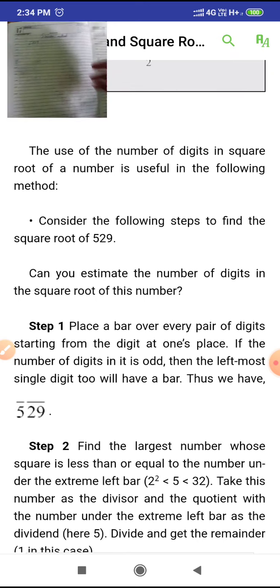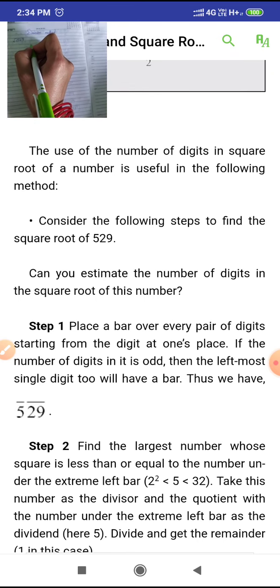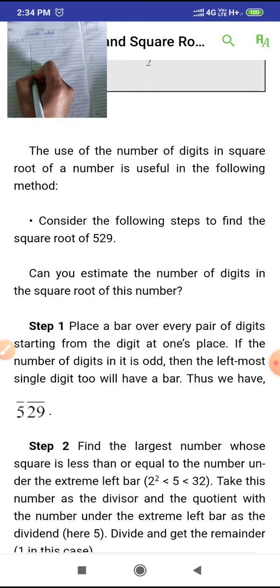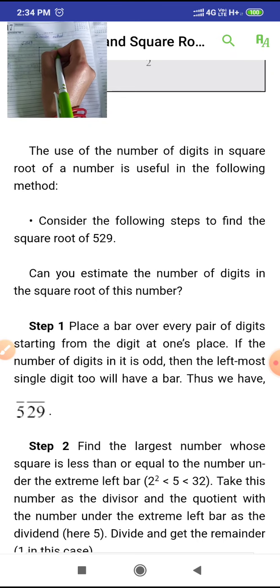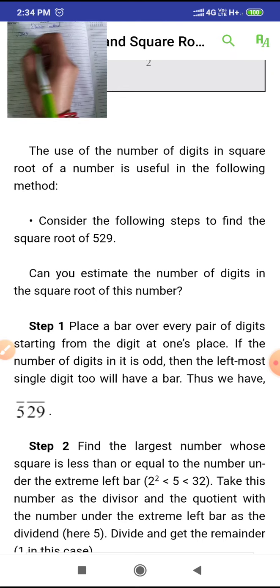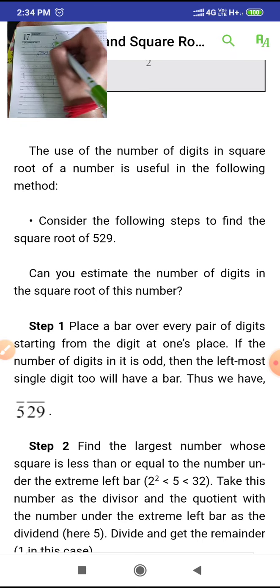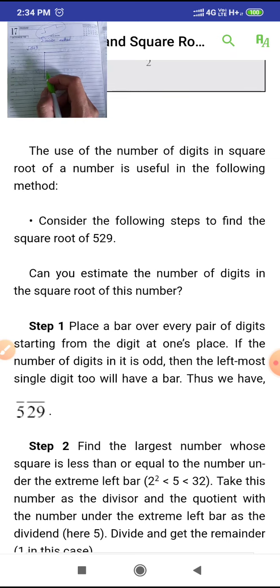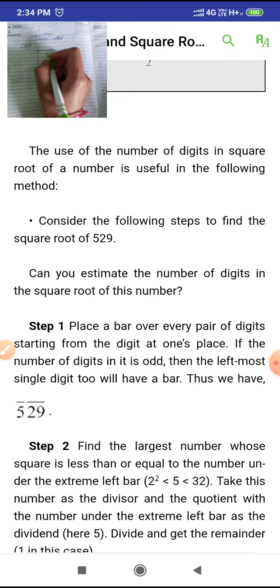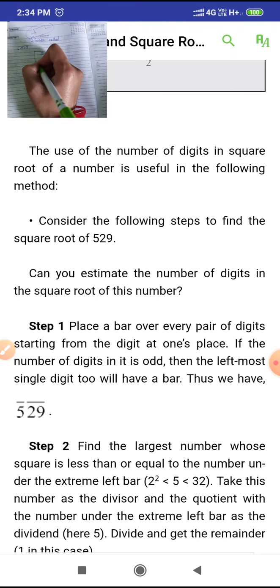For this, first we make a division sign here like this. You learned about this sign in your previous classes, and you write your number inside this sign. So I am going to write 529 inside this division sign.